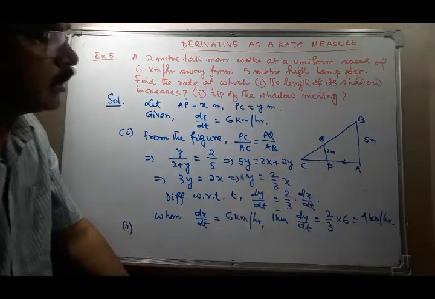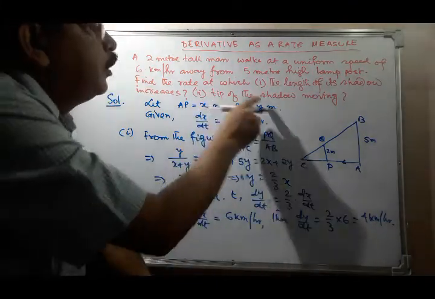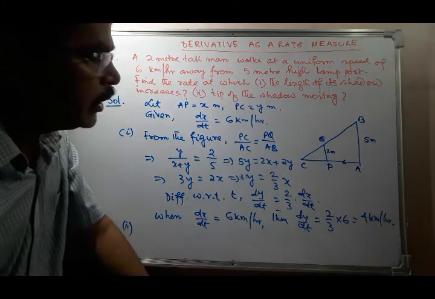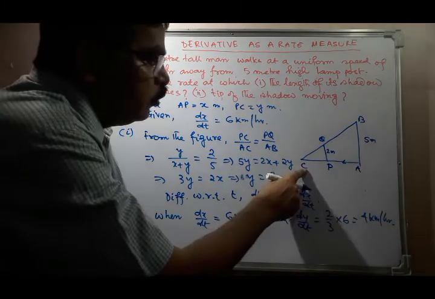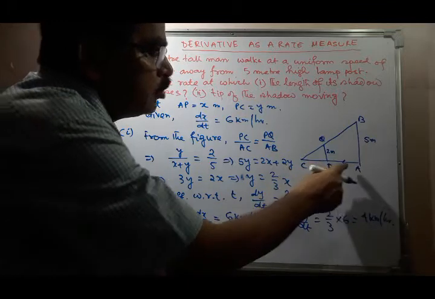Part 2: C is the tip of the shadow. The tip of the shadow is moving. Therefore, at what rate is C moving? C's motion depends on two factors, y as well as x.